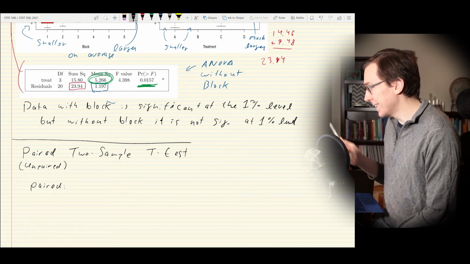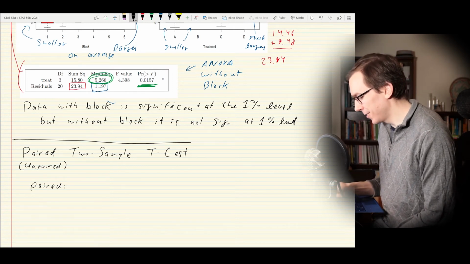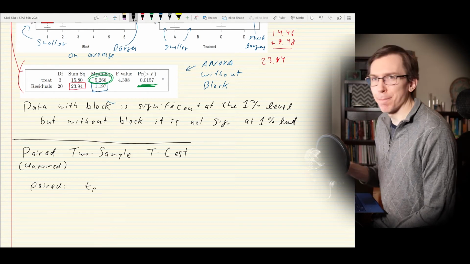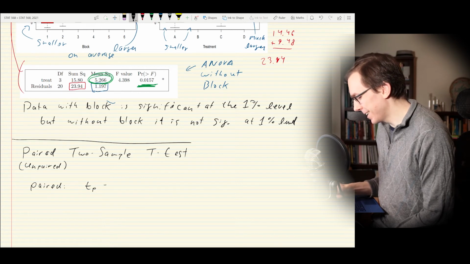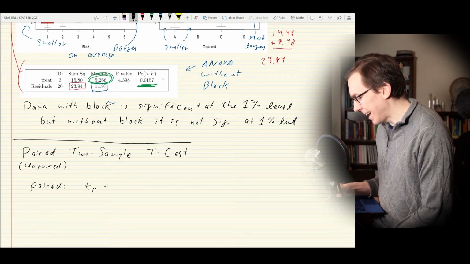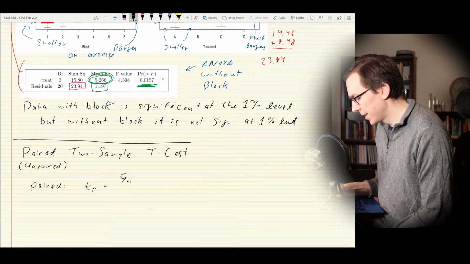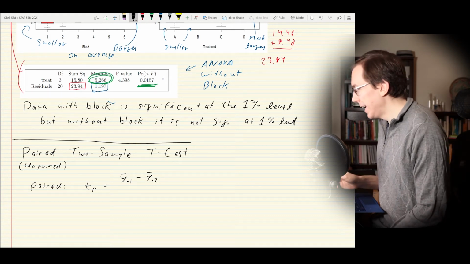Now, mathematically, we get something that looks like this. For a paired test, we would have our test statistic T sub P. The t-test numerator is just the difference in the sample means, which I'll write as y bar 1 dot minus y bar 2 dot.